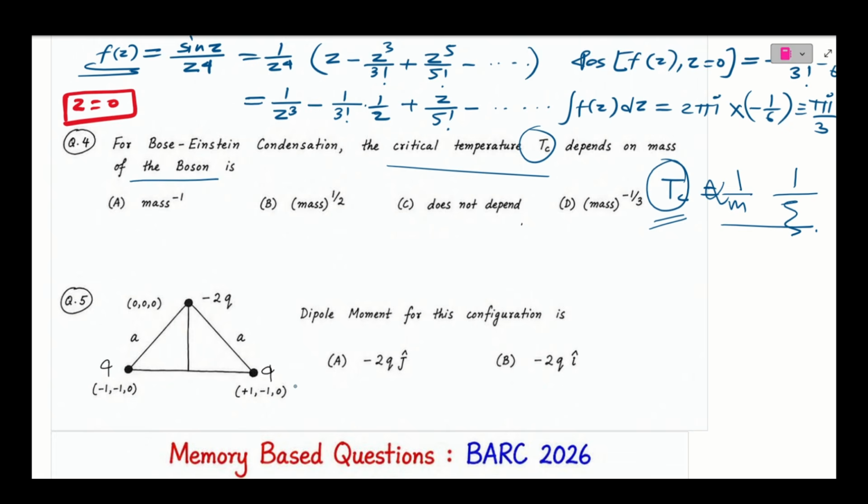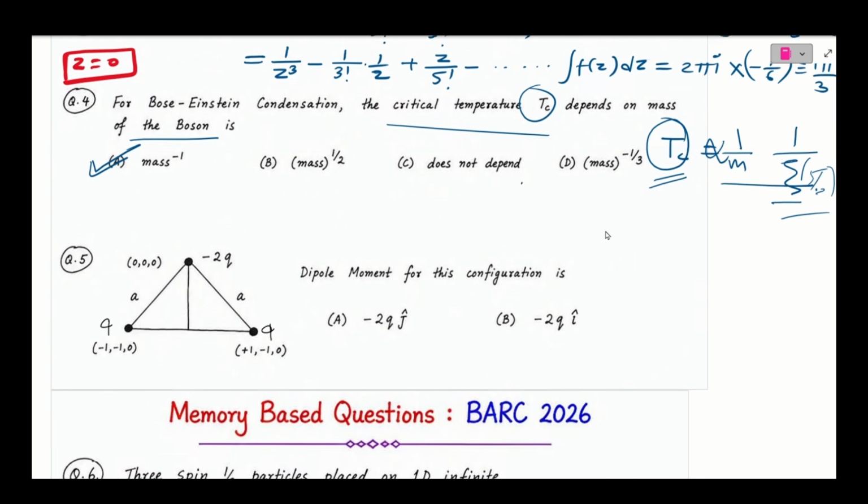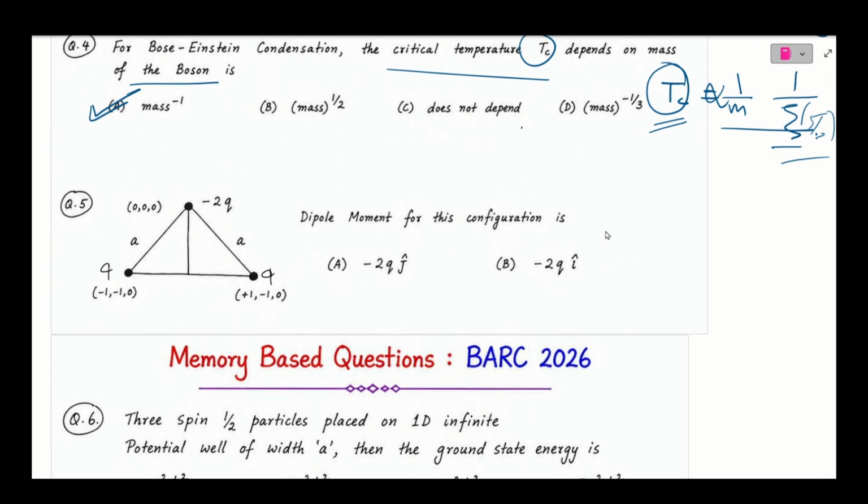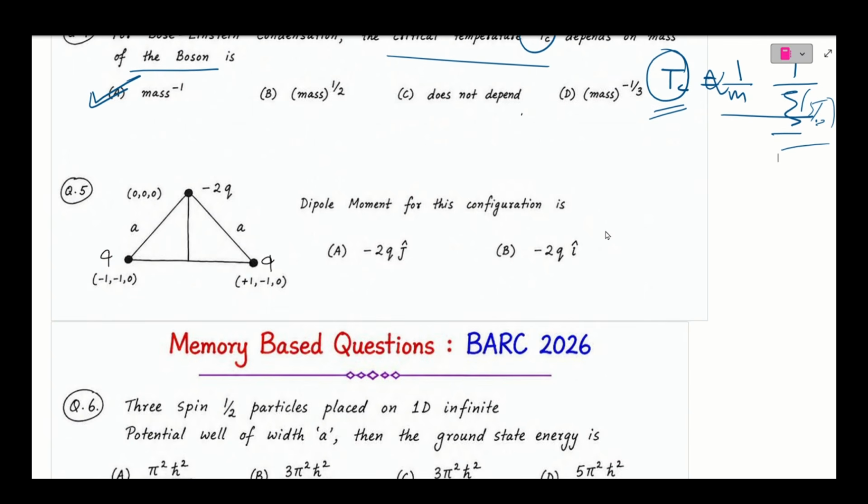So option A will be the correct one. Here maybe it will be zeta 5 by 2 or zeta 7 by 2, like that. So you can read this portion. Next question, question number 5.